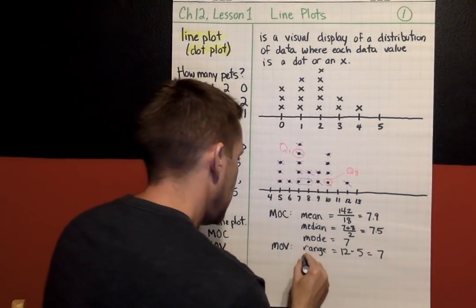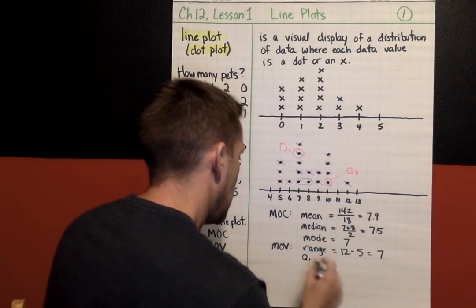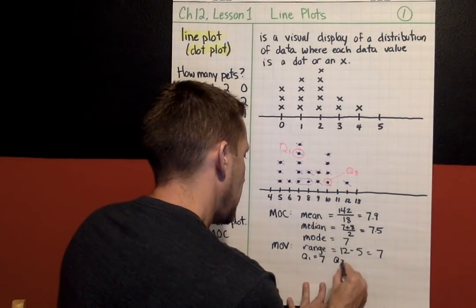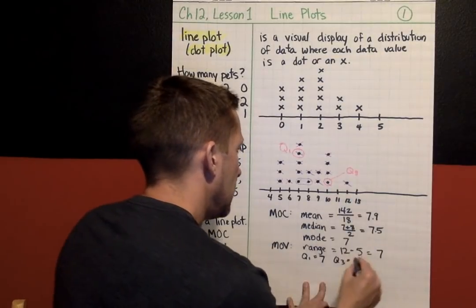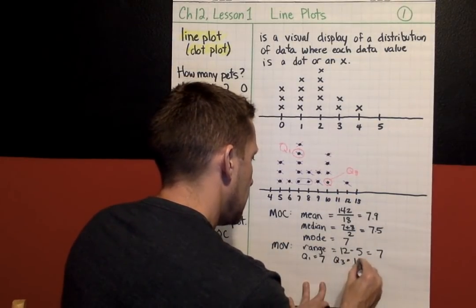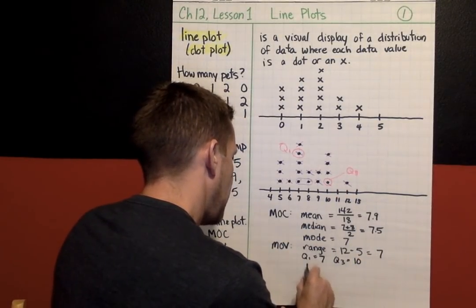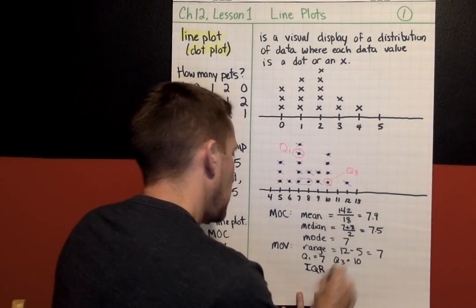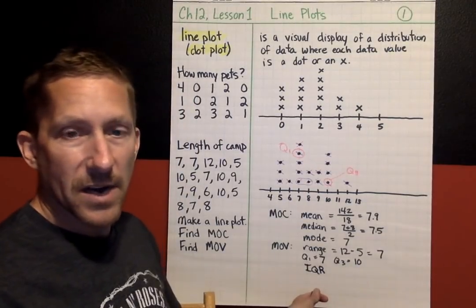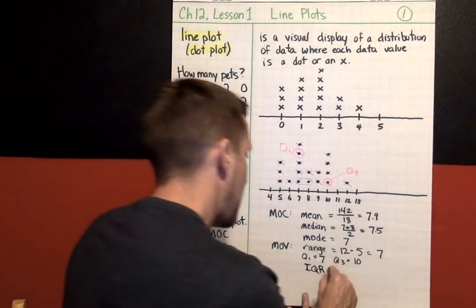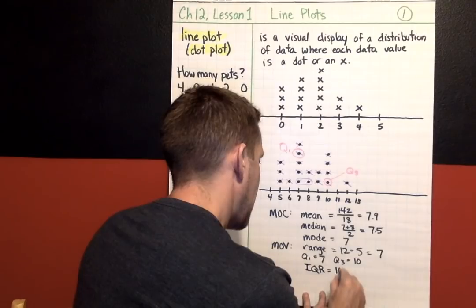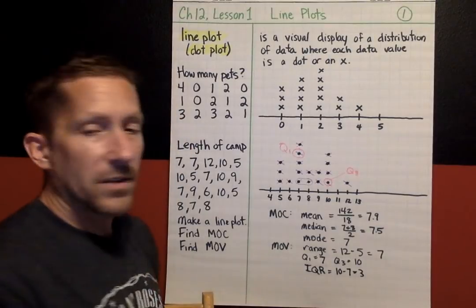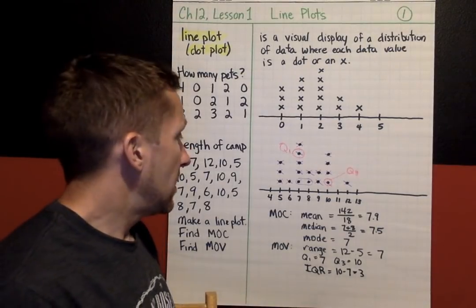Q1 equals 7, and Q3 equals 10. Now I can figure out the interquartile range, which is Q3 subtract Q1. So 10 subtract 7 is 3. My interquartile range is 3.